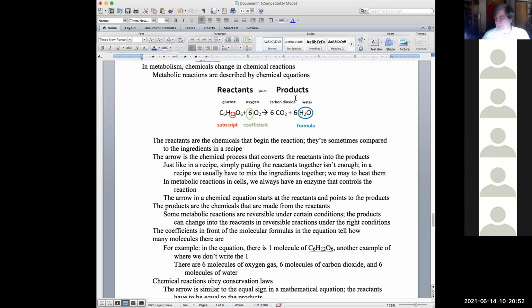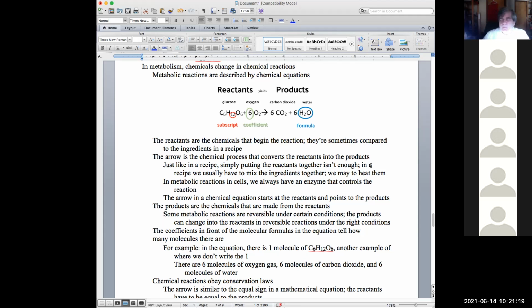You have to mix them up. And after you mix them up, usually you have to cook them for a certain amount of time at a certain temperature. So this arrow represents a process. And it's the process that we have to do to convert our reactants into our products. Most of the times in this class, we aren't going to worry too much about the process, except for one part of the process.